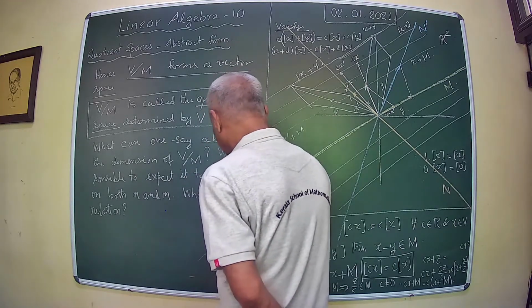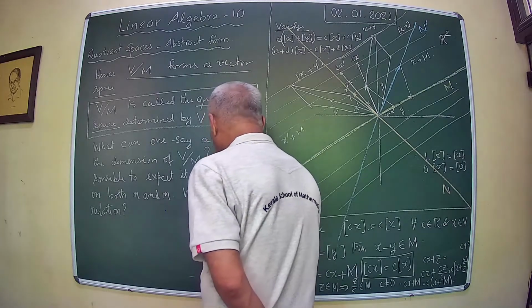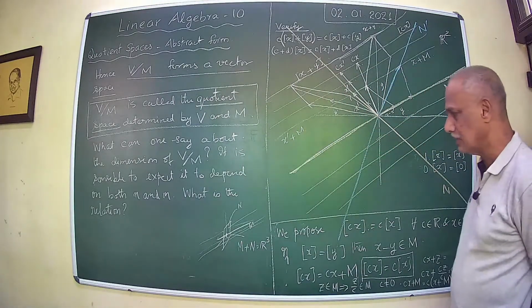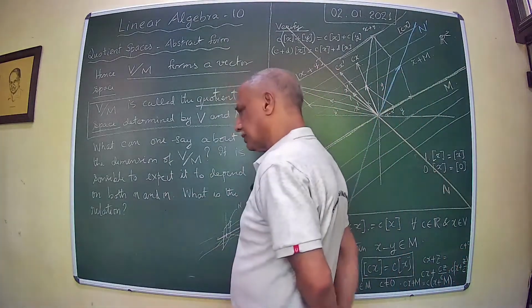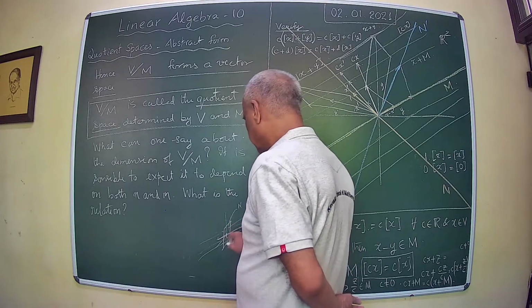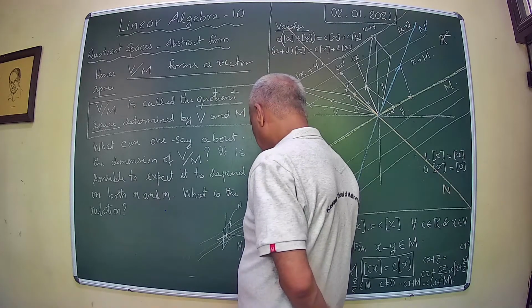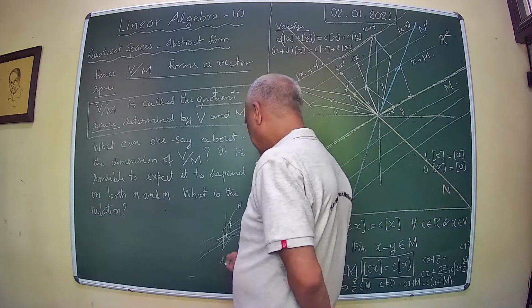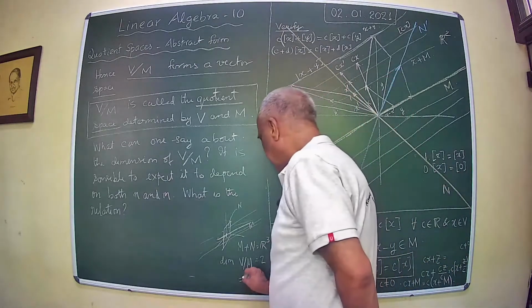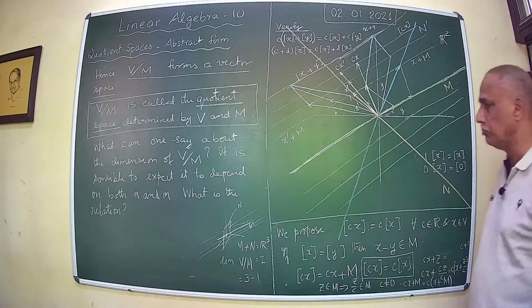And you see that for every point on this, you have a unique line. They are all different. And one observes that some of these lines can be obtained from other lines, some of them cannot be. In fact, you see that this is a 2-dimensional subspace. Therefore, you can prove that the dimension of V by M is equal to 2, which is 3 minus 1 in the 3-dimensional space. So that's the sort of picture that's emerging.